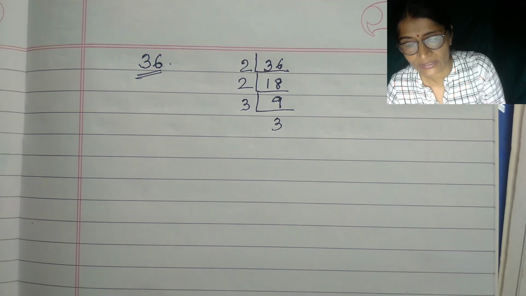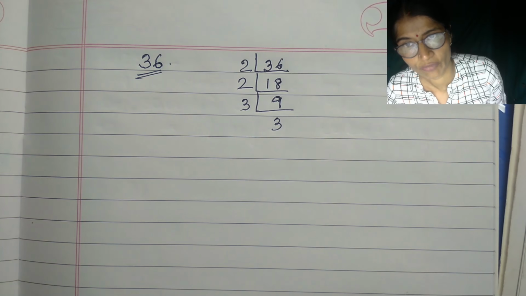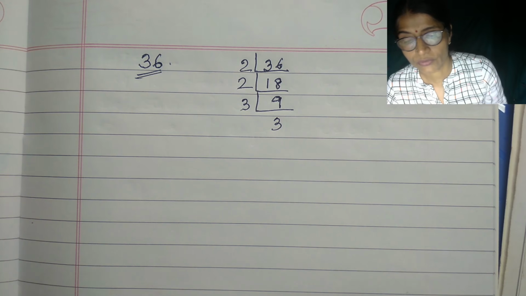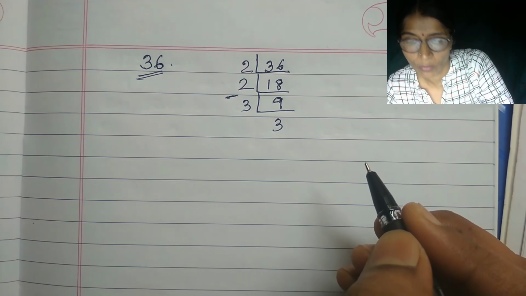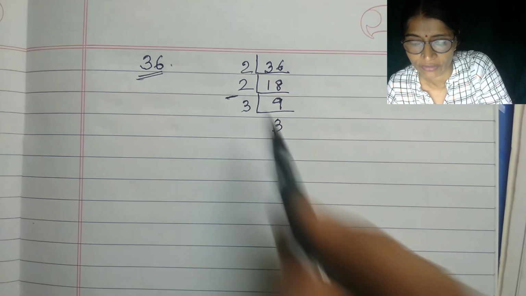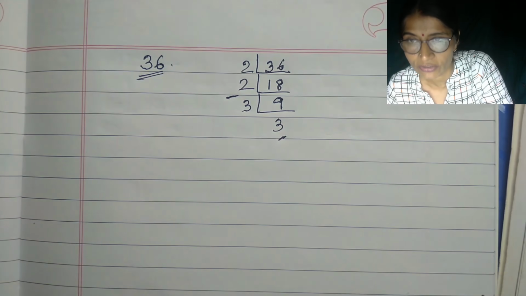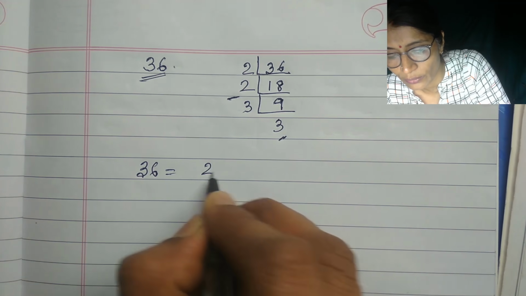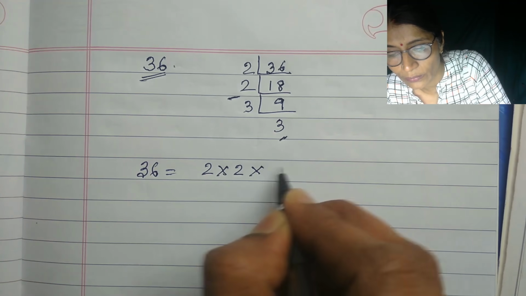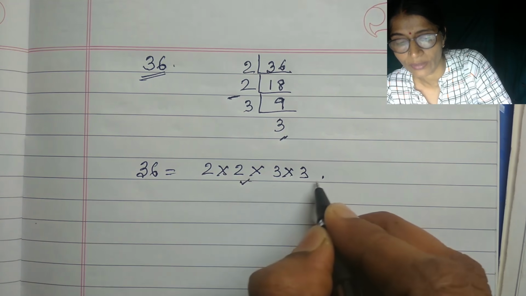Now, suppose I ask you by which number this should be multiplied so that the product will be a perfect cube. I know here a shortage of one 2 is there to make the triplet of the 2, and a shortage of one 3 is there to make the triplet of the 3. So 36 is equal to 2 into 2 into 3 into 3. It means there is a shortage of one 2 and one 3.